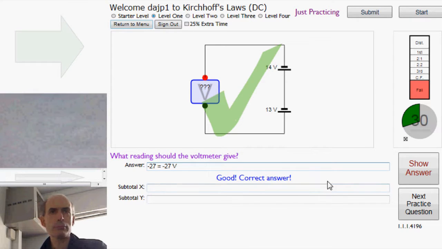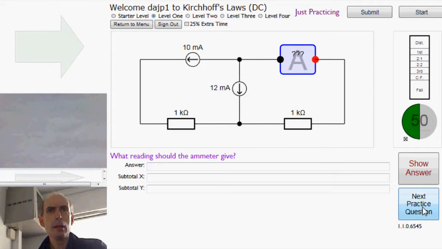Great. Next one. A current one. Okay, this is Kirchhoff's current law. And Kirchhoff's current law says that the total net flow of currents into a node is 0. In other words, all the currents flowing into the node must equal all of the currents flowing out of the node. Here we have a current flowing into the node going through this ammeter. It's being measured through this ammeter from the red terminal to the black terminal.